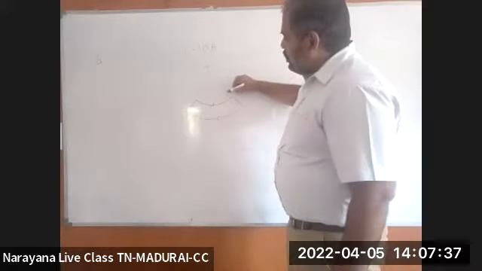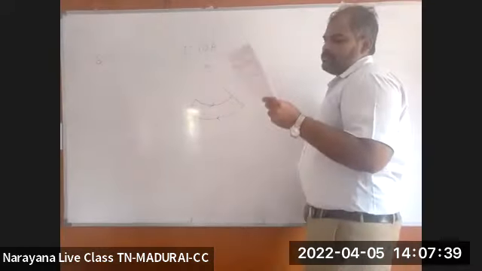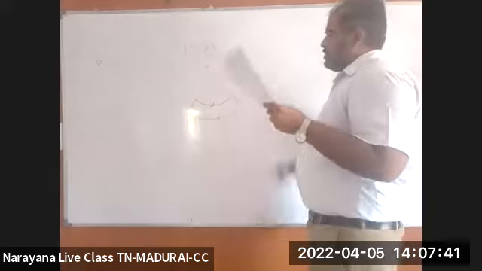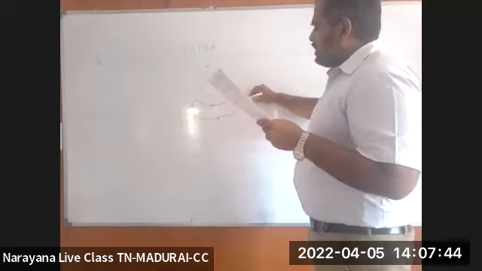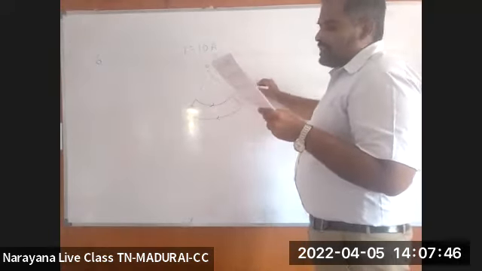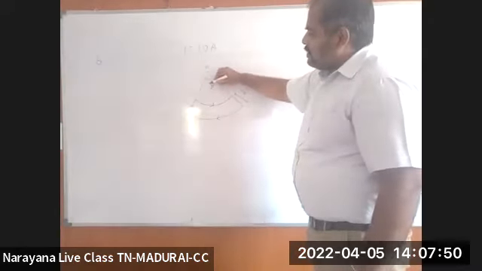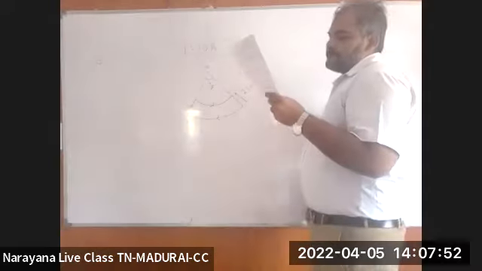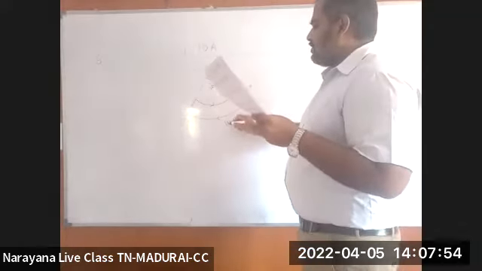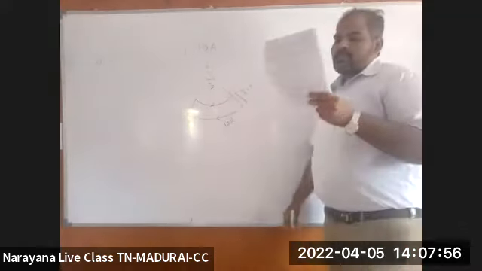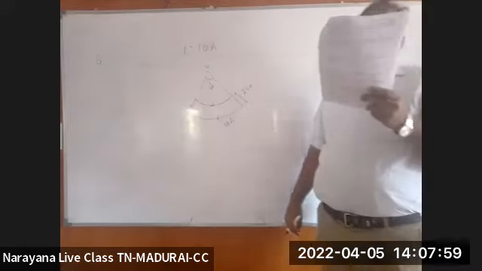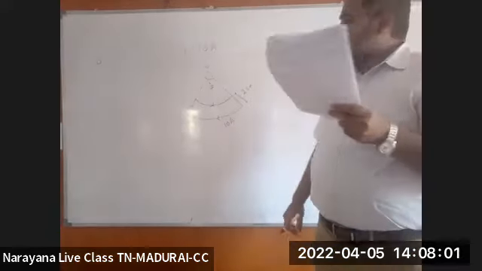The point O, and this length is 2 centimeters, and the angle subtended here is 45 degree, and the current flowing in each segment is 10 ampere.